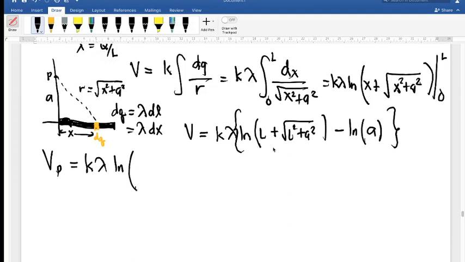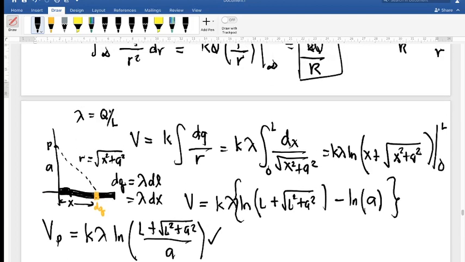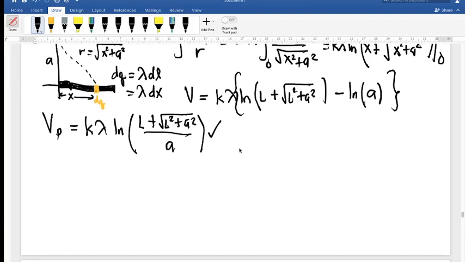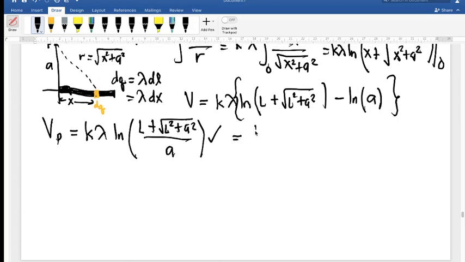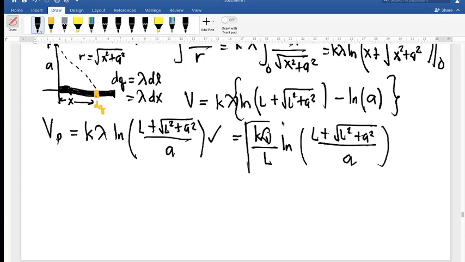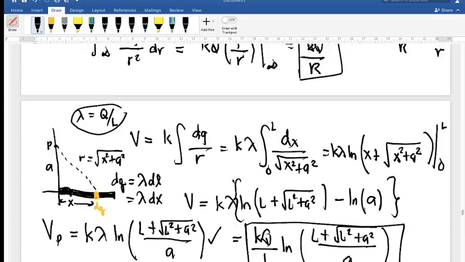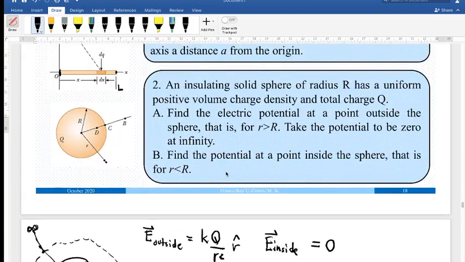Using the property of the natural logarithm, we have L plus the square root of L squared plus a squared, divided by a. We can leave it at that, but lambda is Q over L, so we can replace lambda, giving kQ over L times ln of L plus the square root of L squared plus a squared, divided by a. So this is the potential at point P with respect to infinity. Okay?